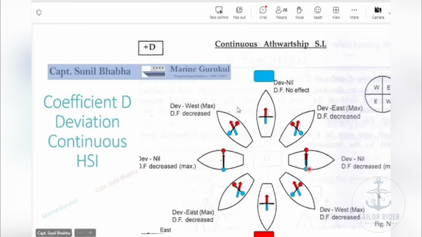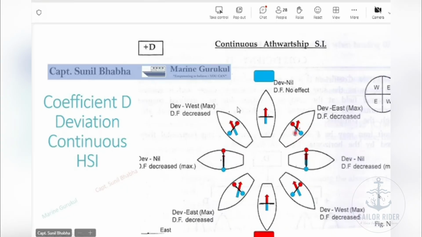Because for generating a deviation, the pole has to be at some angle to the magnetic field line or to the compass needle. In this case, it is perfectly aligned. Even though the poles are most powerful in this case, they are still not able to generate any deviation because these are aligned with the compass needle. So the deviation generated is again nil. Zero deviation is generated.